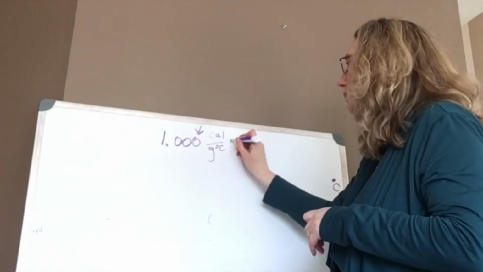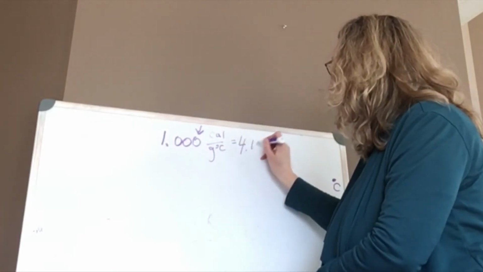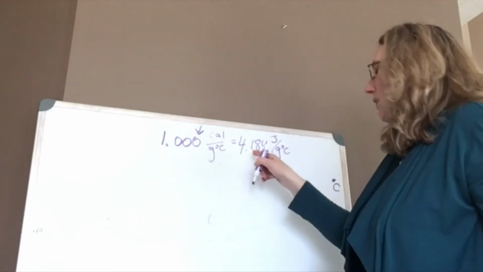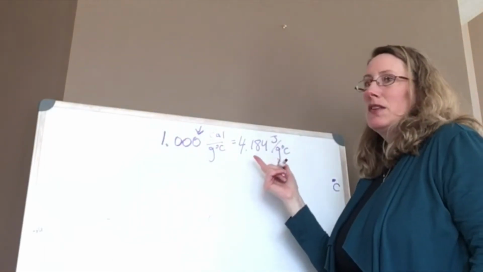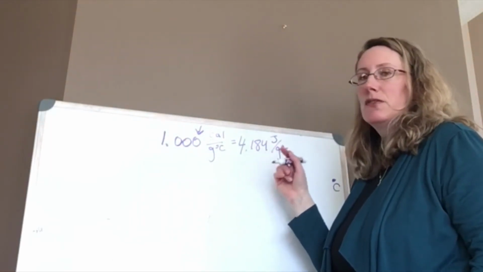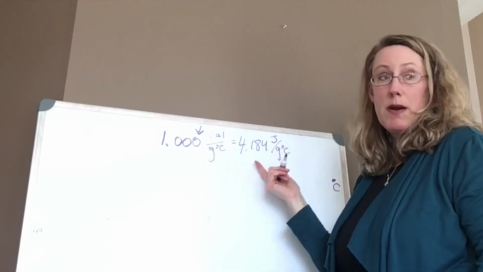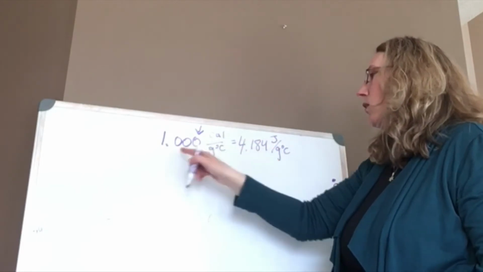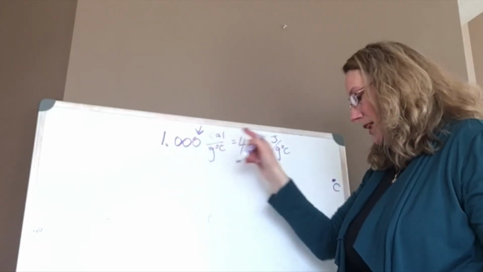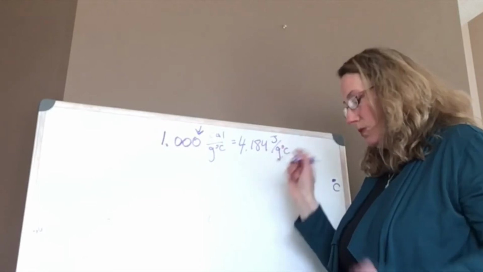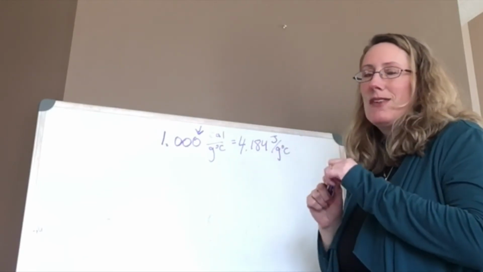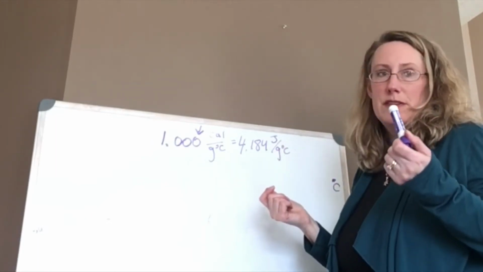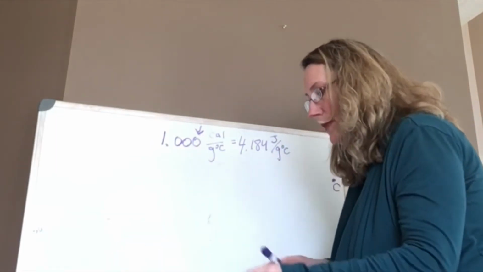So how many joules is that? It's also 4.184 joules per gram degrees C. I don't remember on your test if they give you this number, but if you do your problems in your chapter, you use it for every problem, and so you'll have this memorized. But so just know that it's 1 calorie, but it's 4.184 joules per gram degree C. You probably haven't used joules very much in your life, but again, it's just a measure of heat, okay, energy.